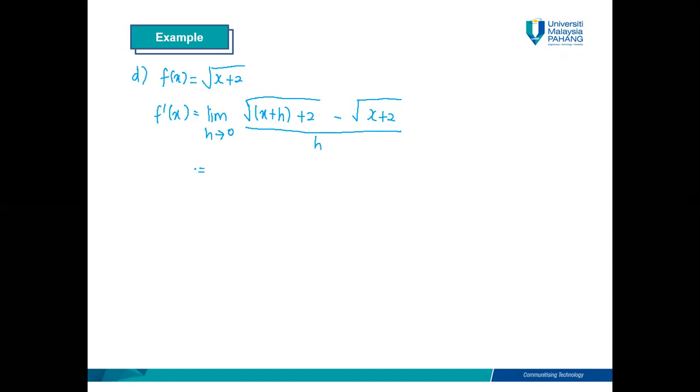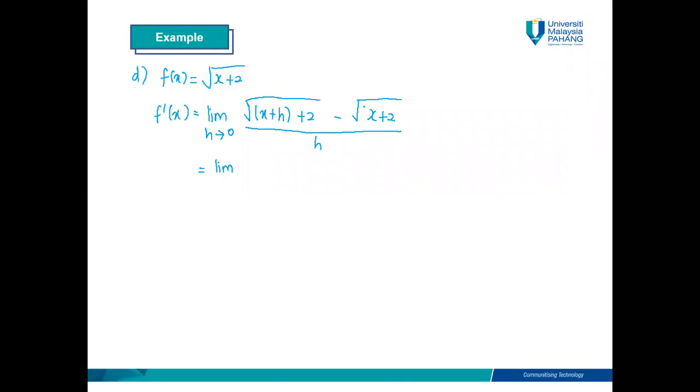Okay? And then nak buat apa ni? Okay, do you still remember? Kalau you masukkan x, h equal to 0, sini h equal to 0, sini pun 0, you akan dapat apa? Square root of x plus 2 minus square root of x plus 2 over 0. You akan dapat indeterminate form. So kalau ada indeterminate form, apa benda yang kita buat? Kita ada dua benda, sama ada you factorize ataupun multiplications of conjugate.